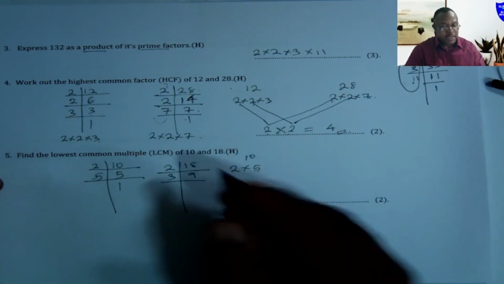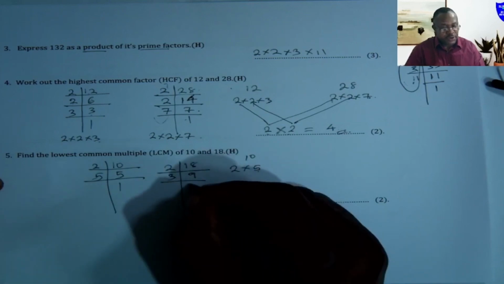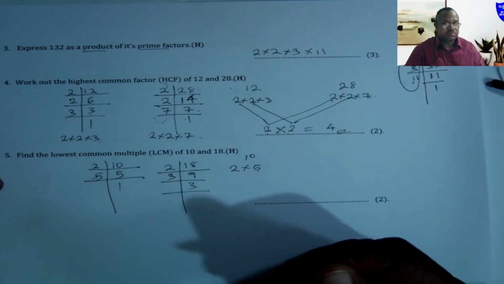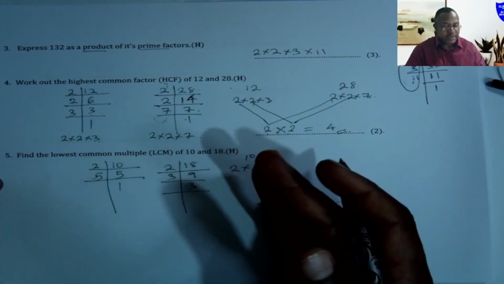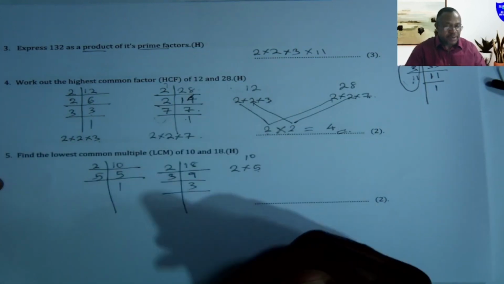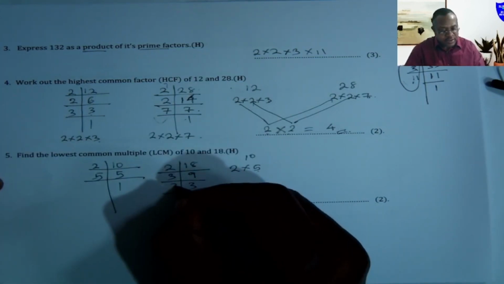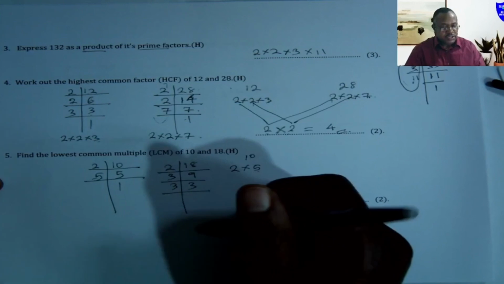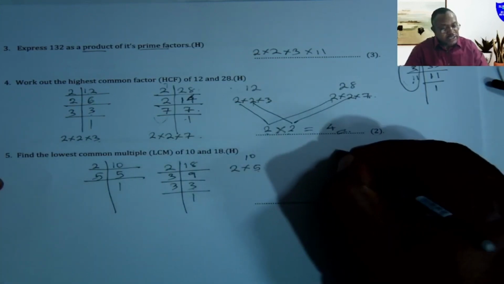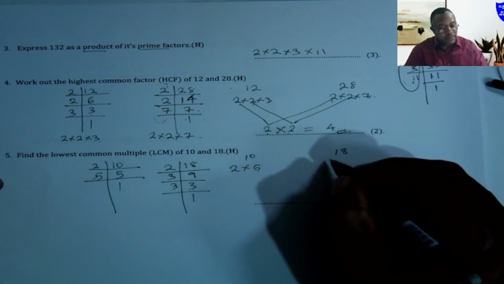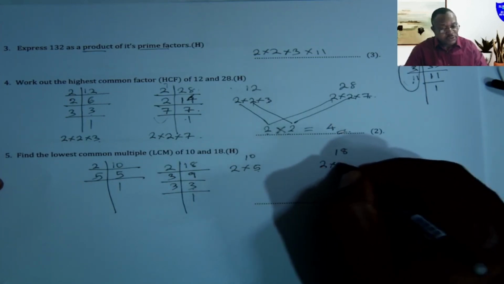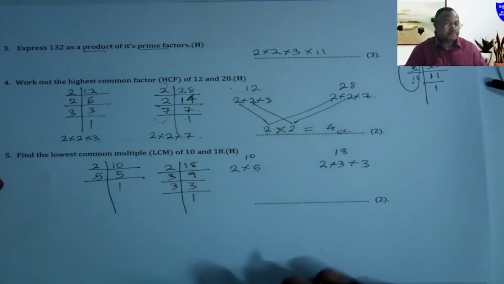So 9 divided by 3, you get 3. And then at this stage, there is no other prime number that can divide 3 exactly. So only 3 can do that. So 3 divided by 3, you get 1. So 18 can therefore be expressed as 2 times 3 times 3.